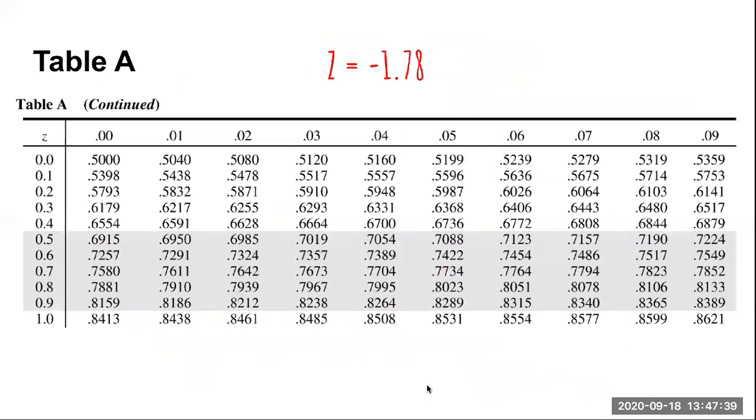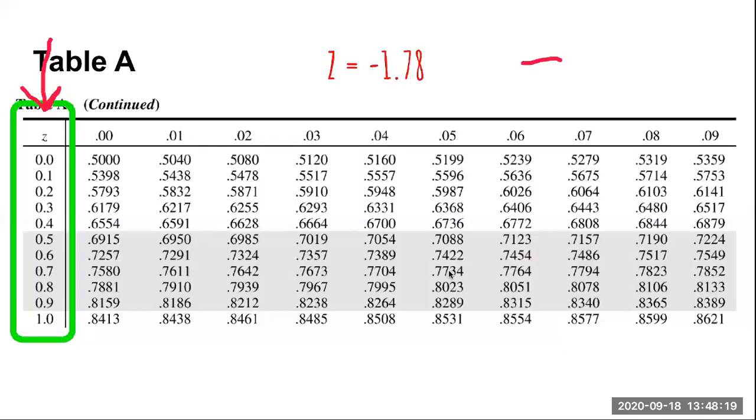So we go to our table. Our z-score is negative 1.78. We're going to first be looking in this first column for negative 1.78. Oh, these are positive.